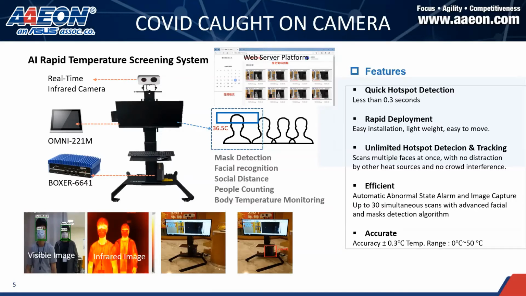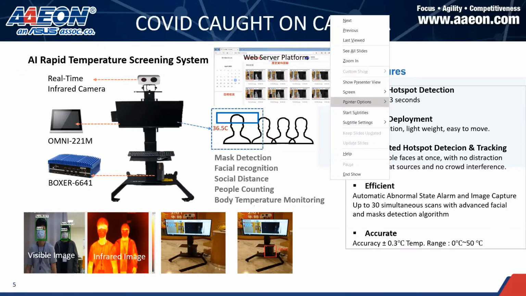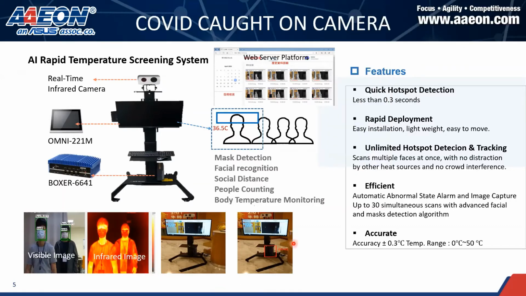And not only can they use it for this kind of application, they can also use it for mask detection or social distancing. Also people counting. And the picture in the bottom part of this is actually we use the 6641s in the AAEON headquarters in Taiwan, in the entrance reception.